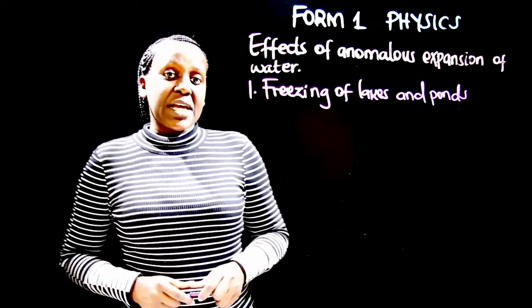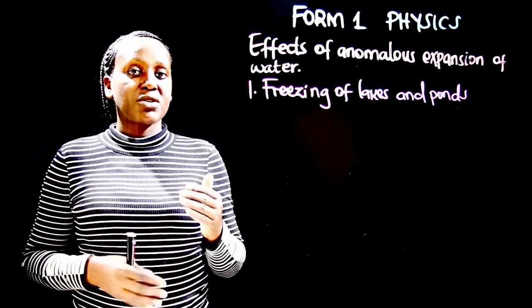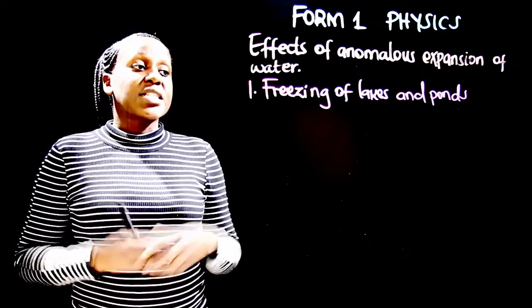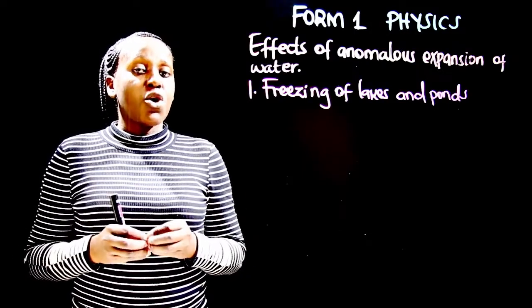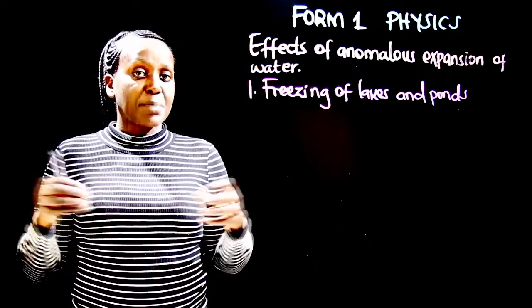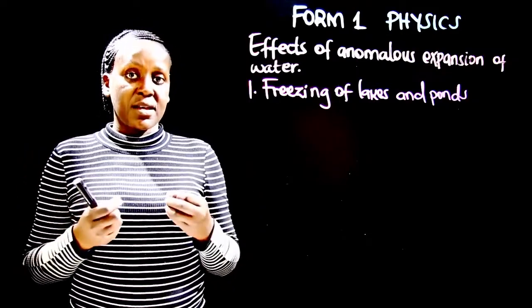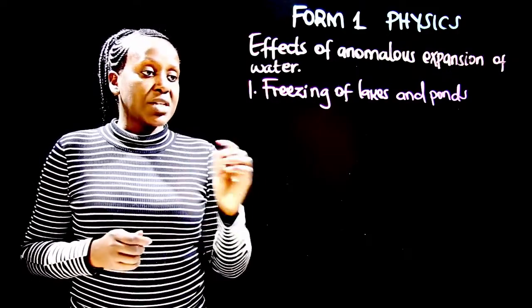Now remember what we said, that as you cool water from 4 degrees Celsius to 0 degrees Celsius, instead of that water contracting, it expands. Okay? That water expands. And when it expands, I want us to come up with this table.